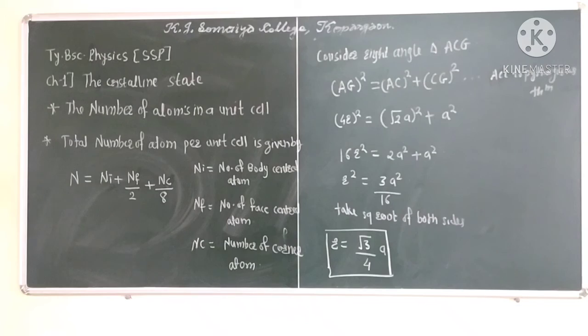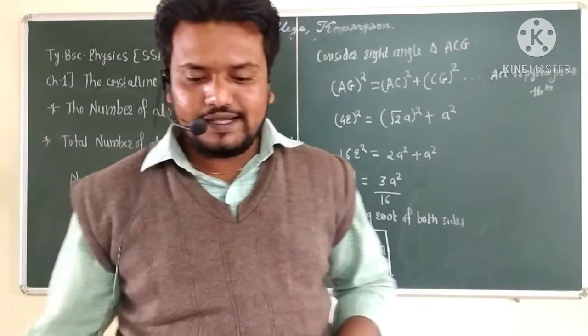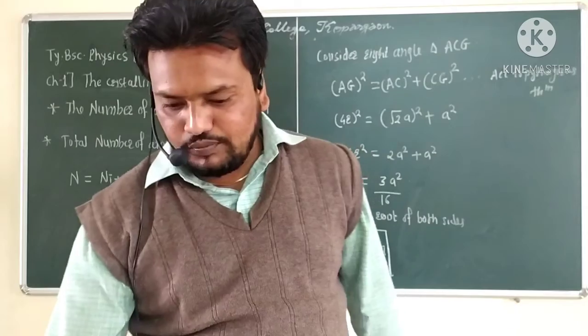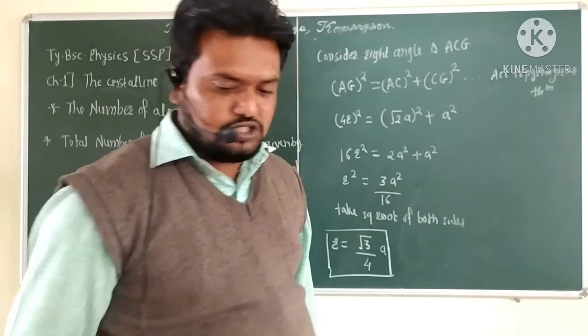So consider here, in this formula, we have to find the number of atoms in a unit cell for the simple cubic crystal.